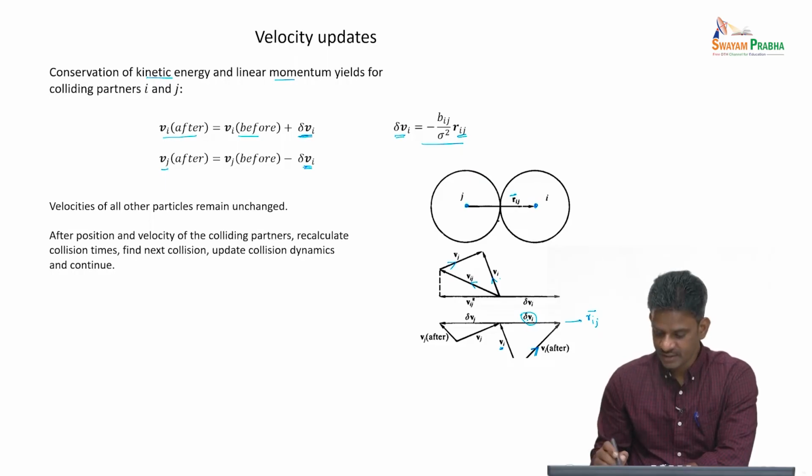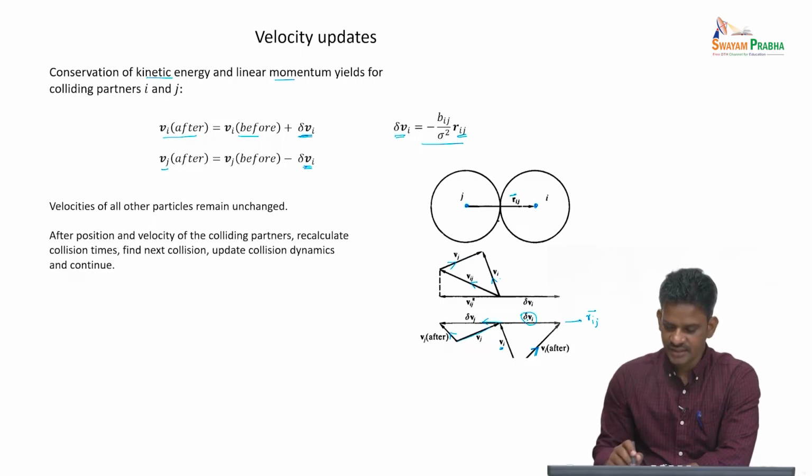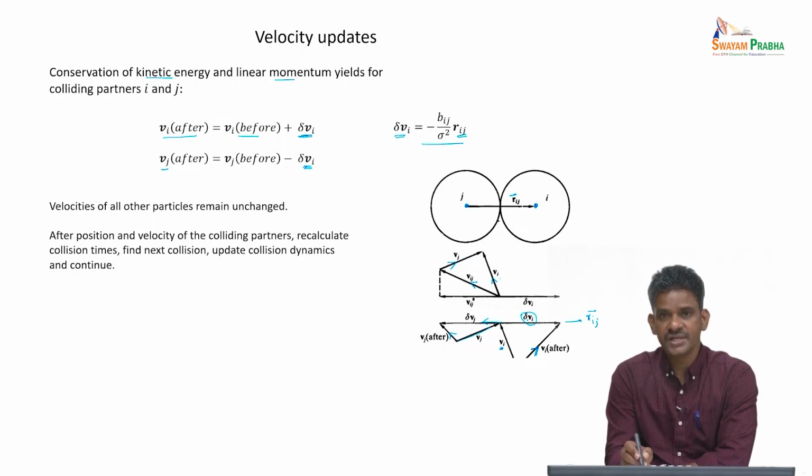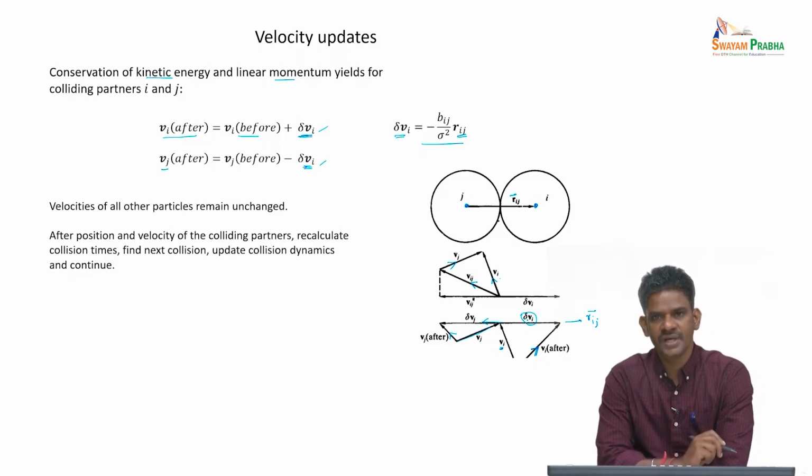For the jth particle, this is the old velocity, and then we subtract delta Vi. The minus delta Vi is in this direction, and when you add these two you get the new velocity for j. So, this algorithm says how to obtain the change in the velocities for the ith particle and how the velocities of i and j should be updated.